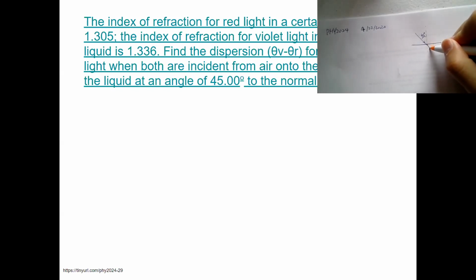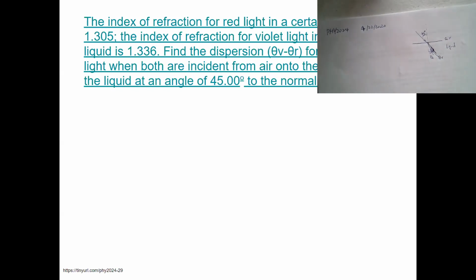So the red light probably comes out at this angle, but violet might be coming out at this angle. I don't think I drew them to scale, because the difference between the 2 angles should be small. Let's call this the angle for violet, and this one here is the angle for the red. It's from the normal to the refracted ray.